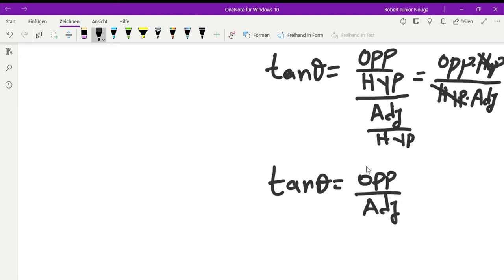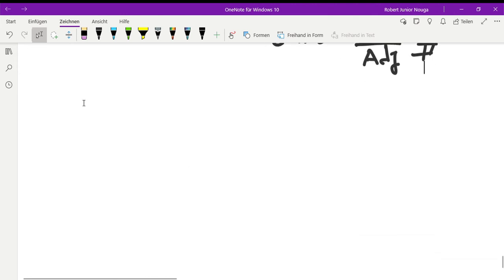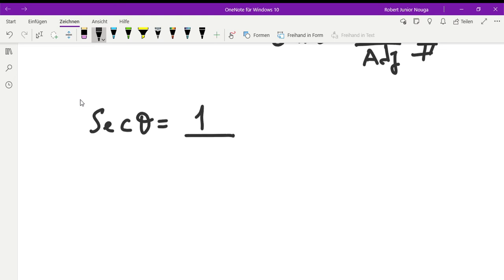In trigonometry, we have other important functions, but these functions are just derived from the main three functions. We have the sec function, and it is equal to 1 all over the cos function. We have the cosec function, and it is equal to 1 all over the sine function.